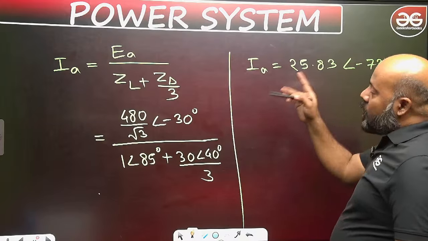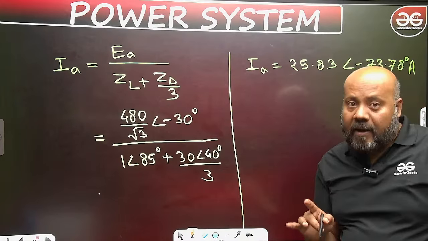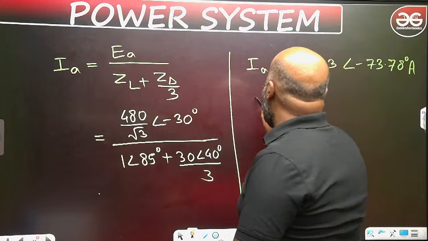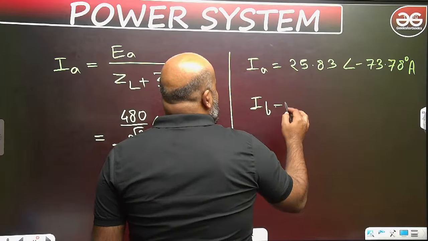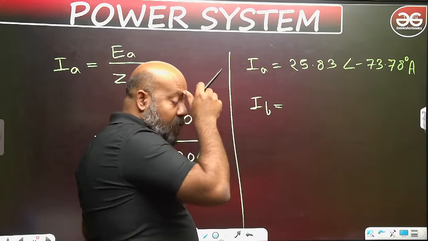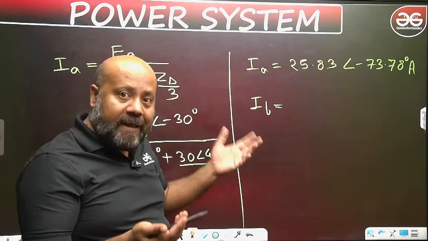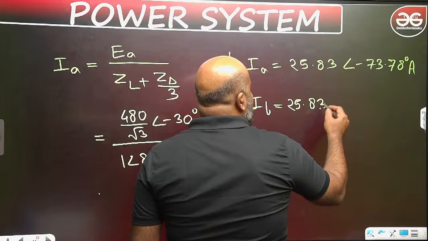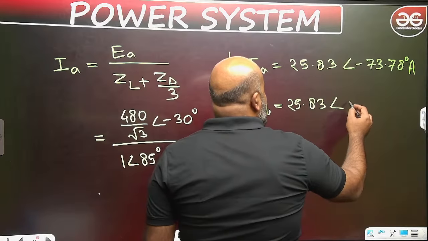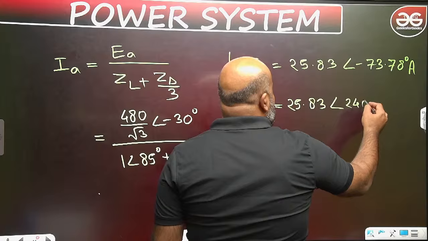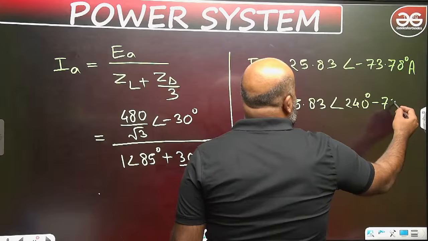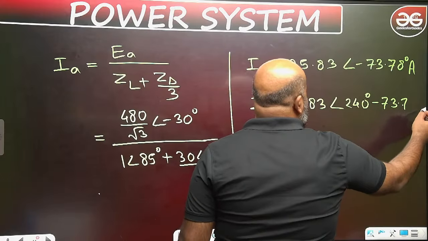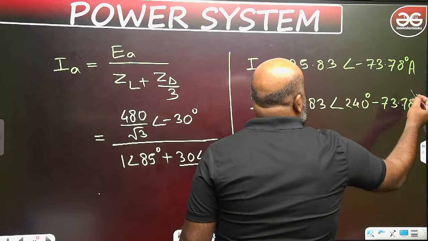Now the moment you get the line current for A, if it is a balanced system, directly you can write for B. Either you add 240 or do minus 120, same thing. So magnitude is same. If you add, it is 240 degrees minus 73.78. You can just calculate it.